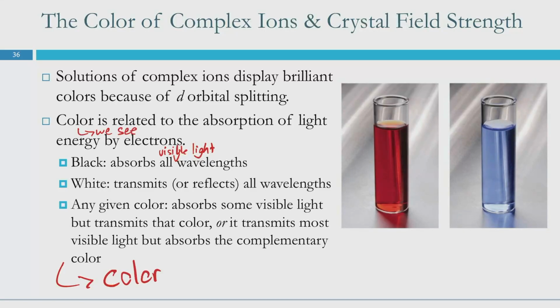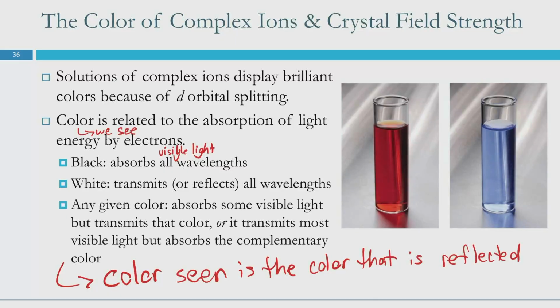the color seen is the color that is reflected, or emitted. And so it's the other colors, complementary colors, that are being absorbed.